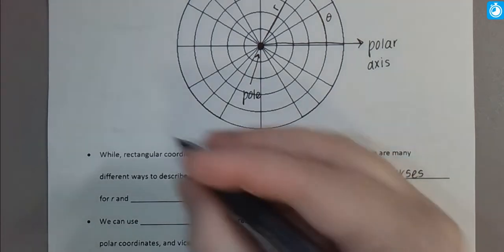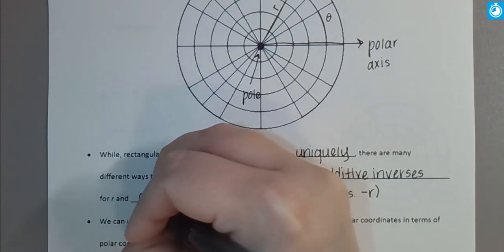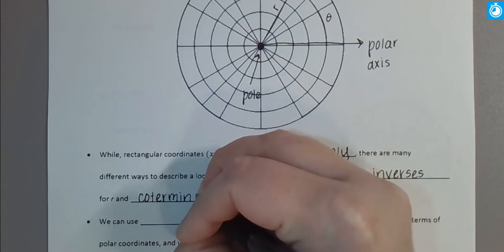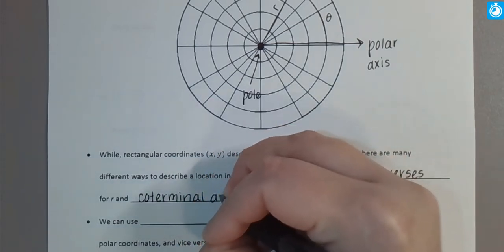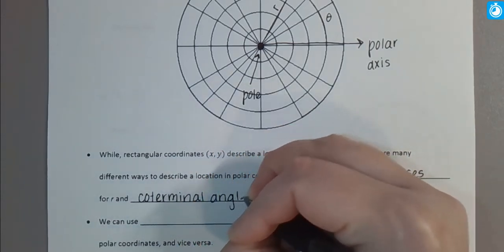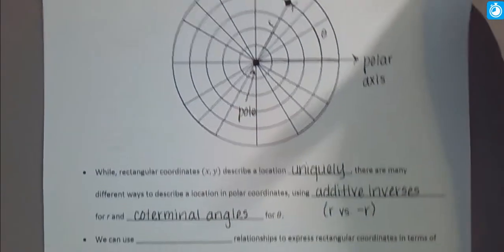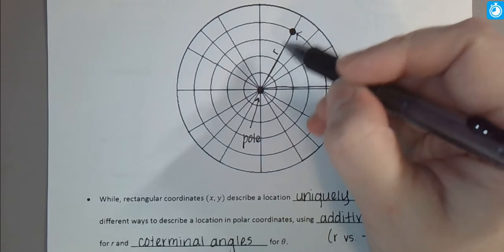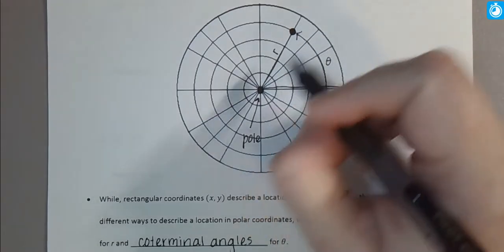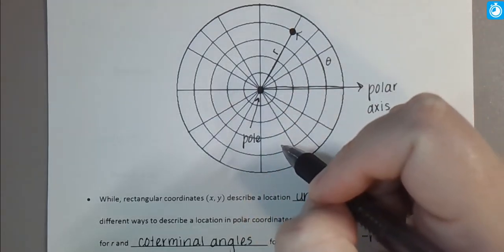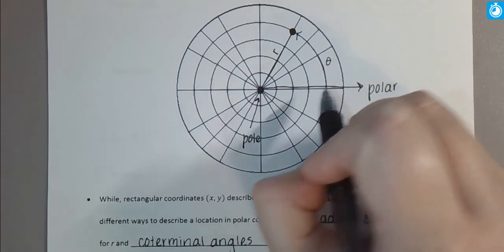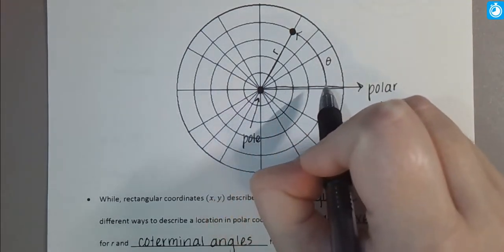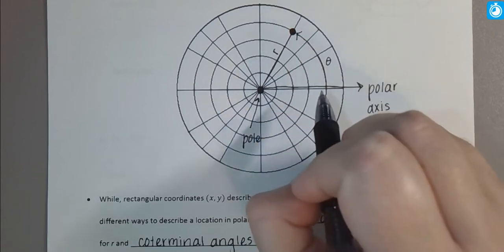And then also we can use coterminal angles for theta. So for instance, the point I've drawn right here, it looks like it's probably at 60 degrees based on the values we typically assign for those particular locations. And so it looks like we're at maybe 1, 2, 3, 4, so r would be 4, and then 60 degrees.